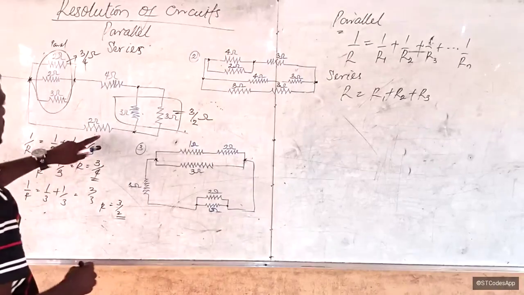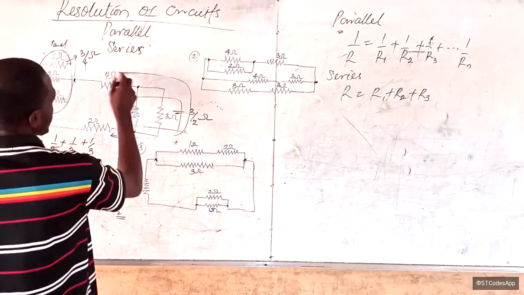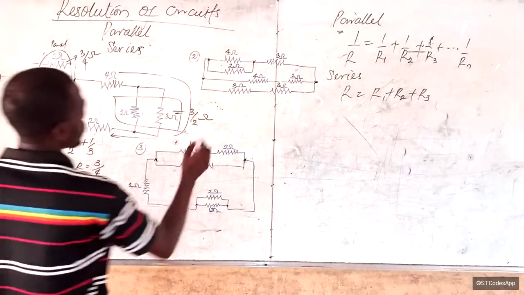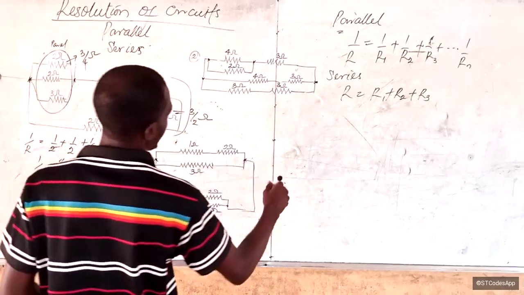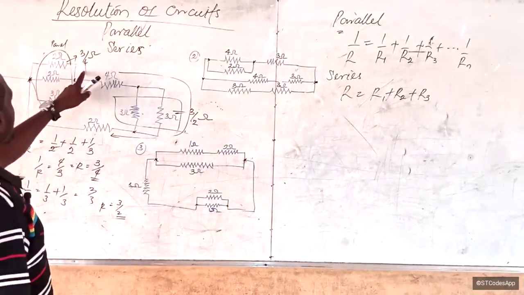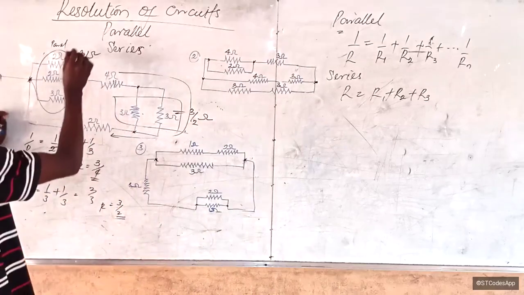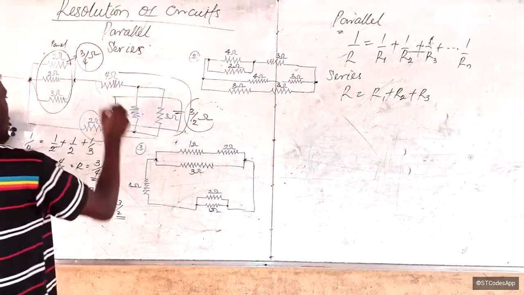Alright, with this, we now have these guys in series. So we'll now resolve this in series. This one, this one, this one, and this one are now in series.